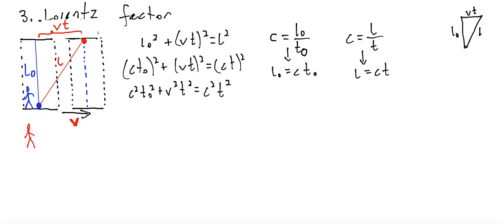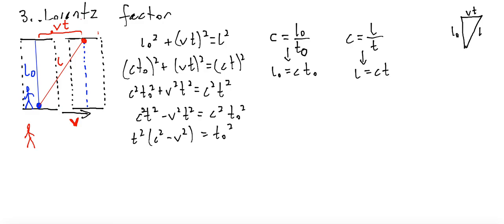We want to find the relation between t and t0. So let's move everything with t to the right side. I'm going to change sides. So c squared t squared minus v squared t squared is equal to c squared t0 squared. Or I can write this in the form t squared times c squared minus v squared is equal to t0 squared c squared. Divide by the bracket, obtaining t squared is equal to c squared over c squared minus v squared times t0 squared.